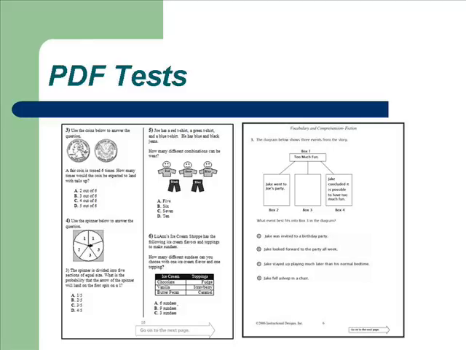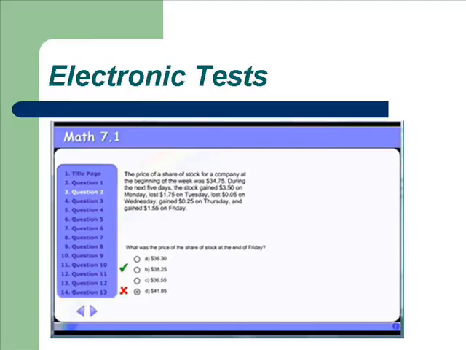Keeping in mind that as far as we know, other than the state practice tests, these are the only items that were developed to exactly meet MCA test specs. Again, we also have the electronic tests, where if you want to have your students practice online or using the computer, that can be another efficient way to see how they're doing.